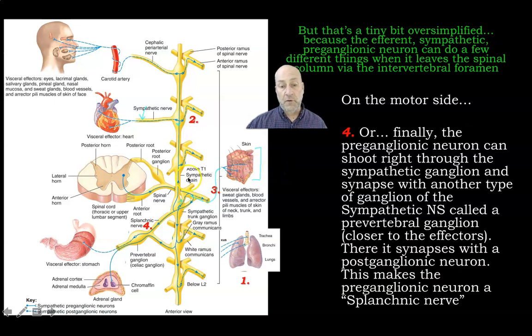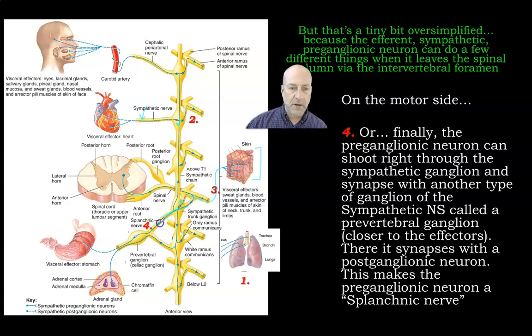And then finally, number 4 from this diagram, same idea, same start, out of the lateral gray horn, which is repeated over and over again, through the anterior root, and out through on the white ramus communicans to the sympathetic, but now right through the sympathetic trunk ganglion. No stopping, no synapsing. Right through it, and automatically be thinking that makes me a splanchnic nerve, because I went right through the sympathetic trunk ganglion.